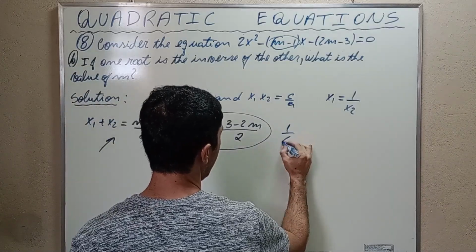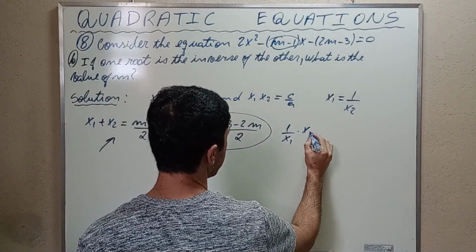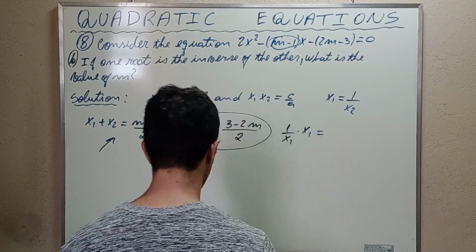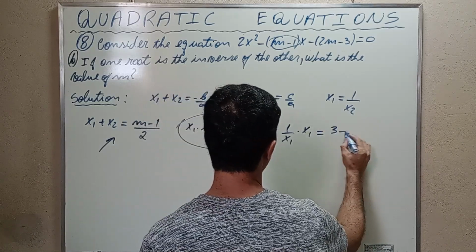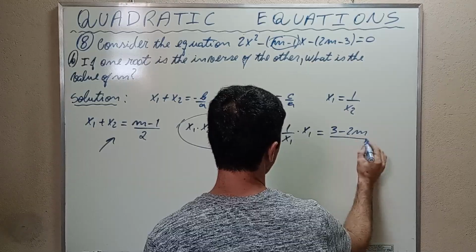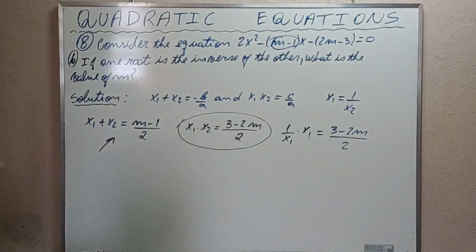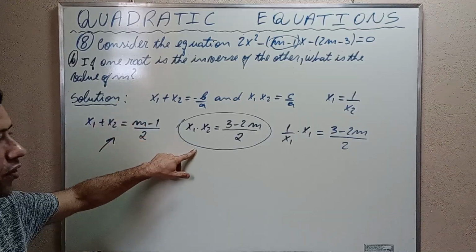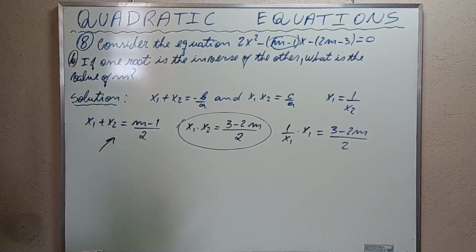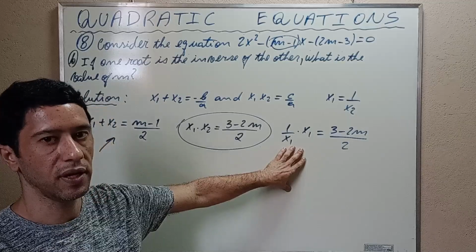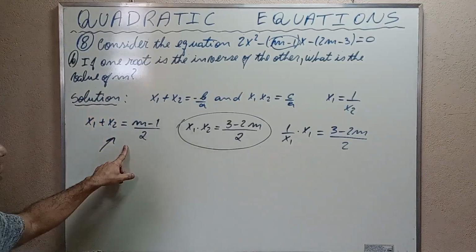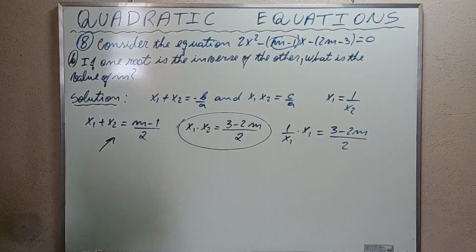One over x1 times x1 is equal to 3 minus 2m divided by 2. Okay? Let's forget this and work on this and see what we get. If we don't arrive anywhere, we use this to see what we can do.